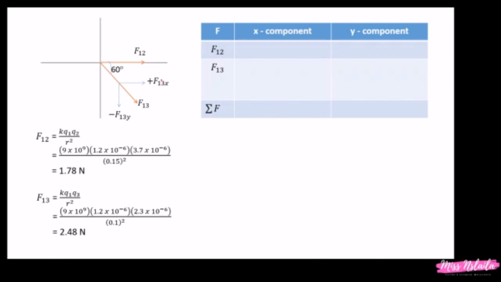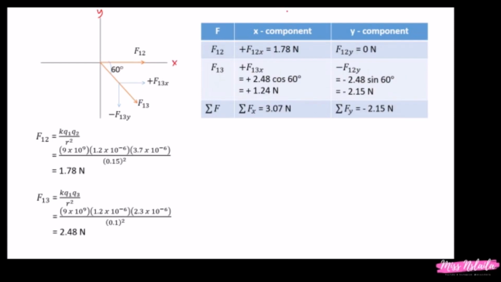Then resolve the forces into X component and Y component. Based on this XY axis, you can see that F12 is directed to the right on the X axis. Thus for F12 it will be positive 1.78 Newton. On the Y axis it has no force, so 0. F13 is situated in the middle of the fourth quadrant with angle 60 degrees.